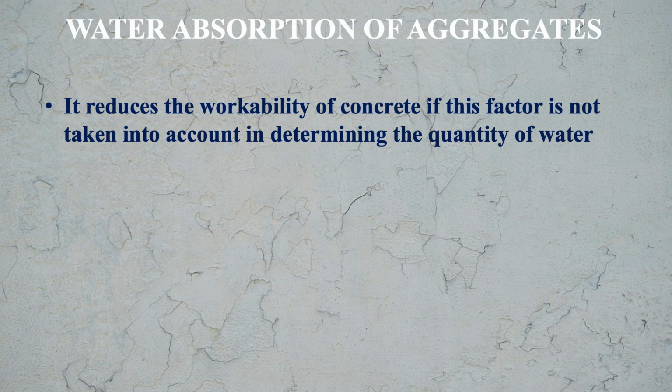If we are using the porous aggregate for making the concrete, then it will absorb water which we are using for making the concrete, and that way less water will be available for lubrication purpose. So it reduces the workability of concrete if this factor is not taken into account in determining the quantity of water.